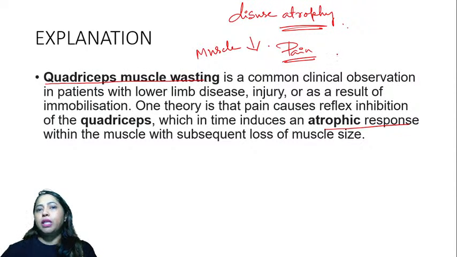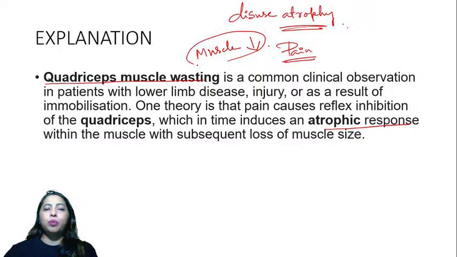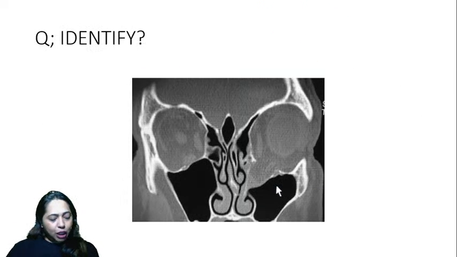The weather also plays a role, and this can result in reflex inhibition of the quadriceps. So the quadriceps do not work very well and decrease in muscle mass, and that is why this is quadriceps muscle wasting, and the picture depicts the same. Next one, we'll move to the next one.